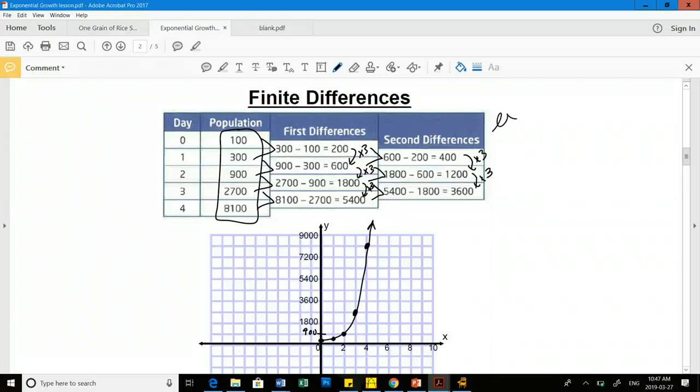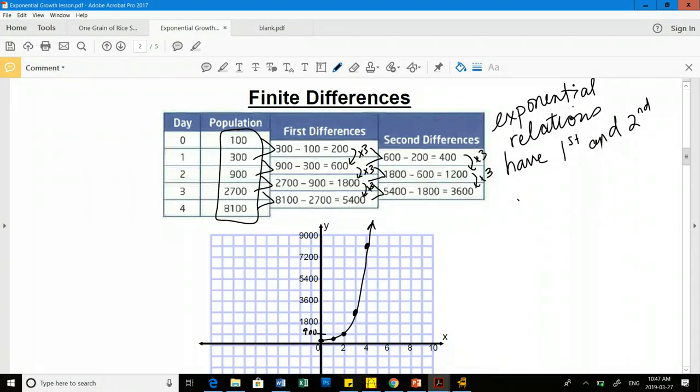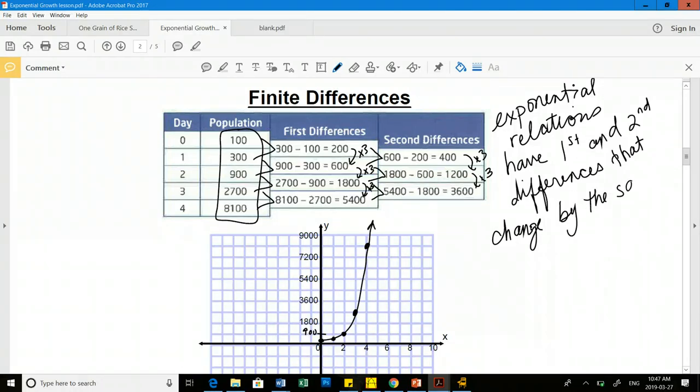So exponential relations have first and second differences that change by the same constant multiple as the y values do. In this case, the constant multiple is times 3.